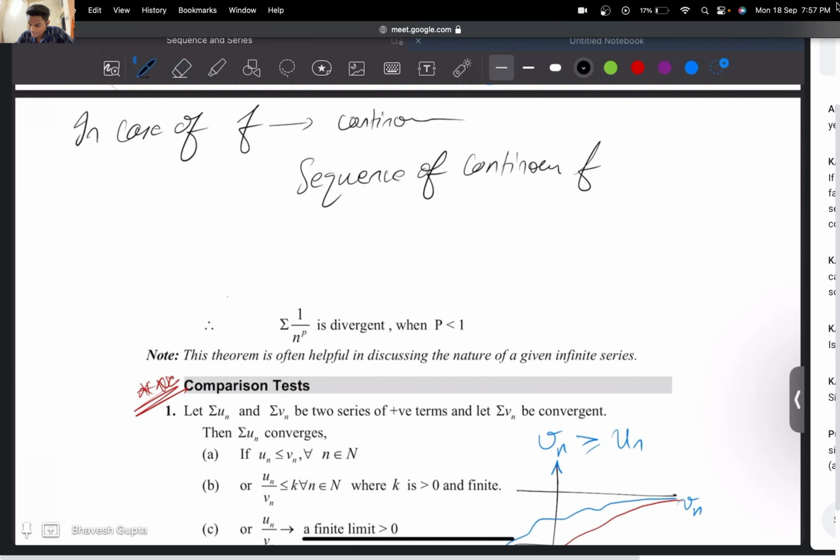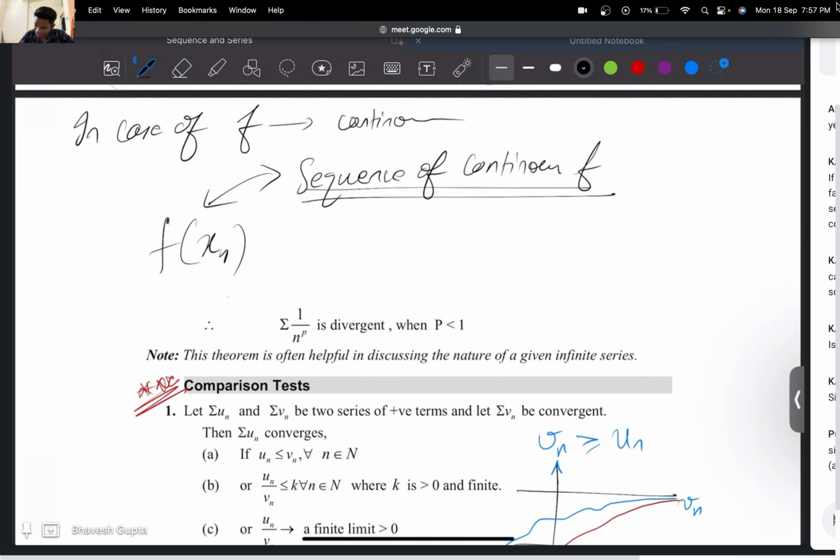Whenever you say that infimum is equal to the supremum, see, when we write the sequence of continuous functions, it basically means this, right? Is this clear to you? Basically, you are giving an input in terms of a sequence to this function.